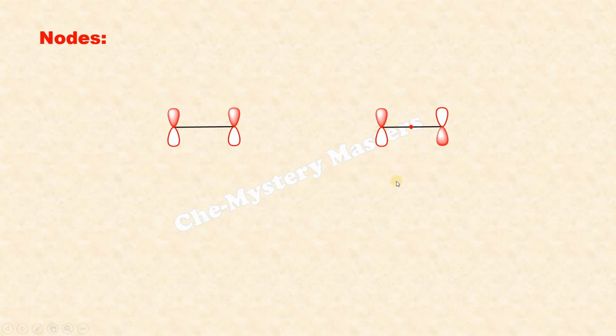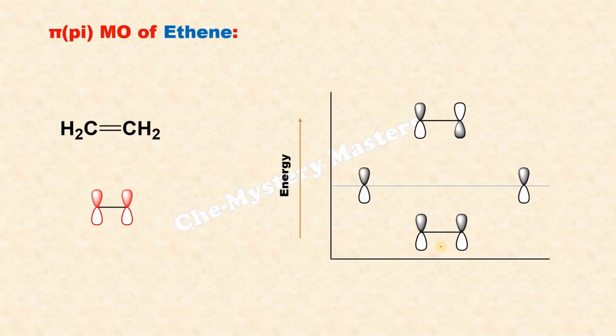The one thing we should always remember is that the number of nodes will always equal the energy level minus 1. If you see the earlier picture, the one of lower energy you can call psi 1 and this one psi 2.